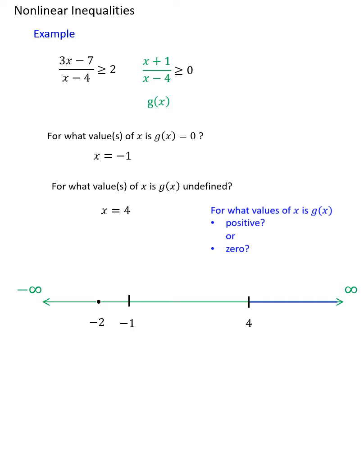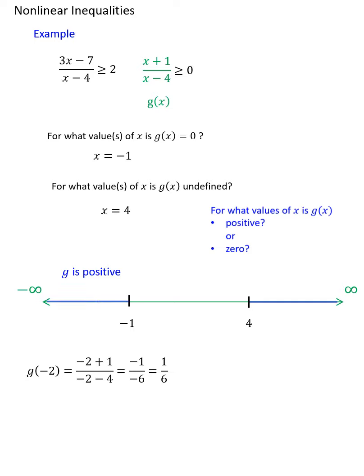There's one interval we haven't tried yet, so I'll pick an arbitrary number from there. Might as well choose -2. When we plug -2 into the function, we get a positive answer, which is exactly what we were looking for, places where g is positive. And since g is positive there, that means that -2 is a solution to the original inequality.